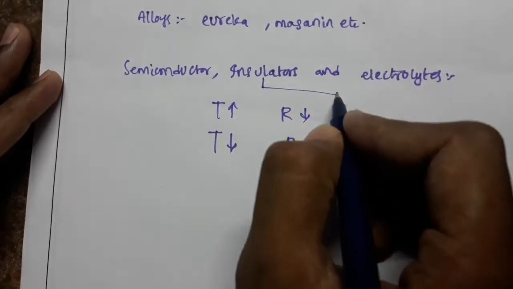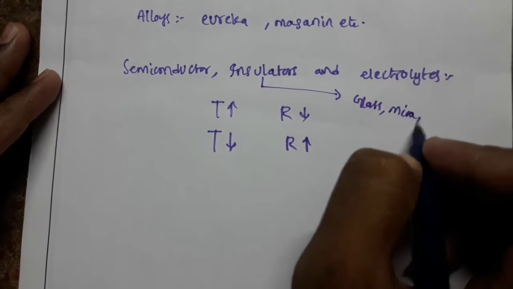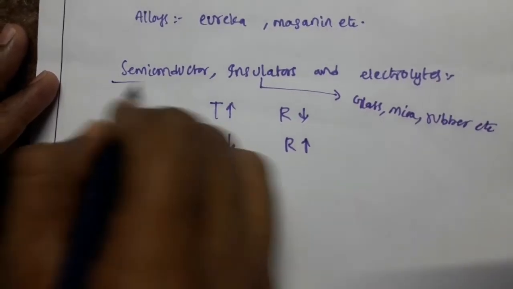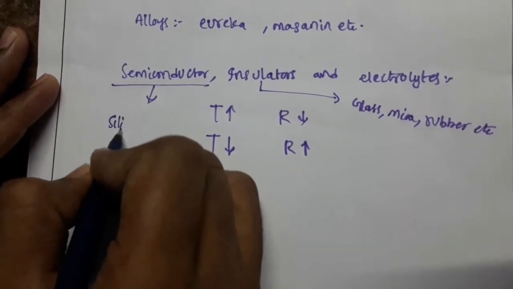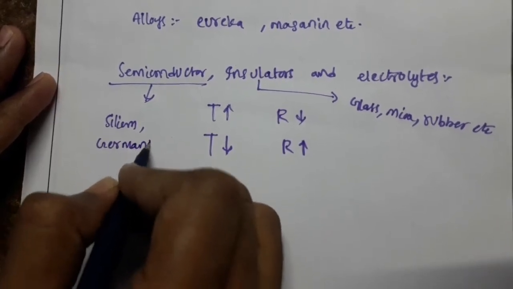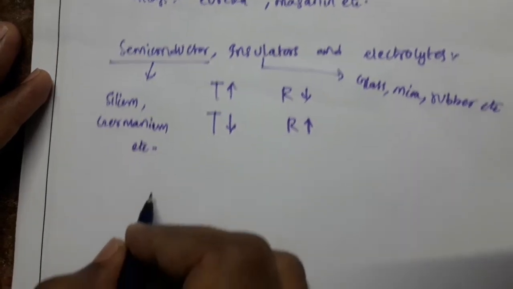Insulators like glass, mica, rubber, etc., whereas semiconductors like silicon, germanium, etc.